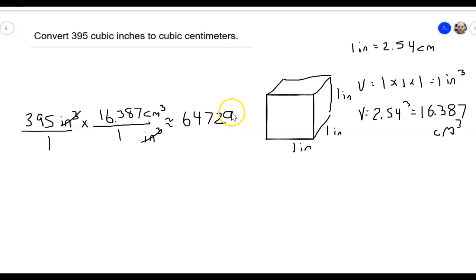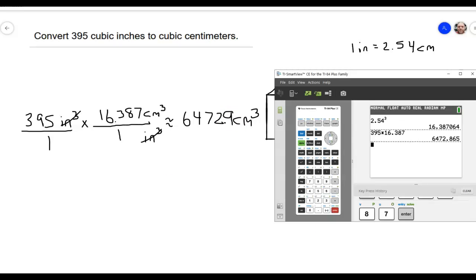And this will be cubic centimeters, so centimeters cubed. If you're rounding to the nearest tenth, that would be your answer. If you're rounding to the nearest hundredth, it would be 0.87.